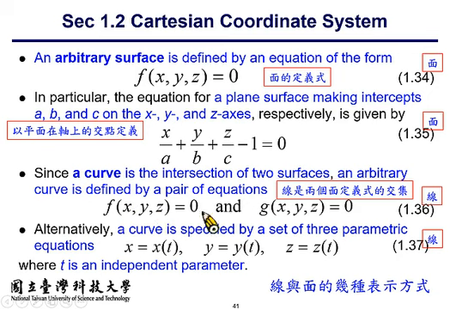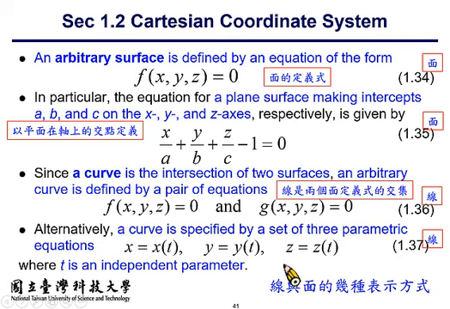所以关系式 f 跟关系式 g 是2个面的任意面的描述，平面、曲面都可以。那所谓的一条线，就是这2个面的交集。所以假如你要去描述空间中的一个特定的线，你可以把它写成像这样2个面的交集，好不好？好。Alternatively, a curve is specified by a set of 3 parametric equations with an independent parameter.